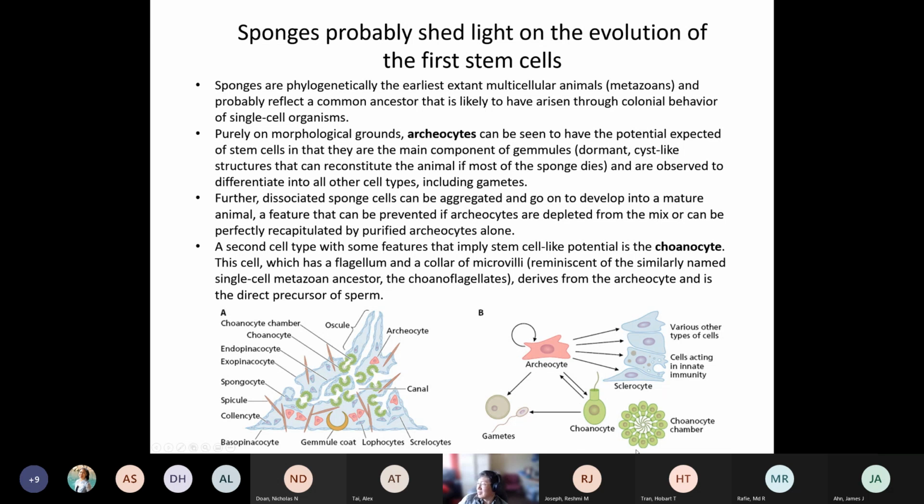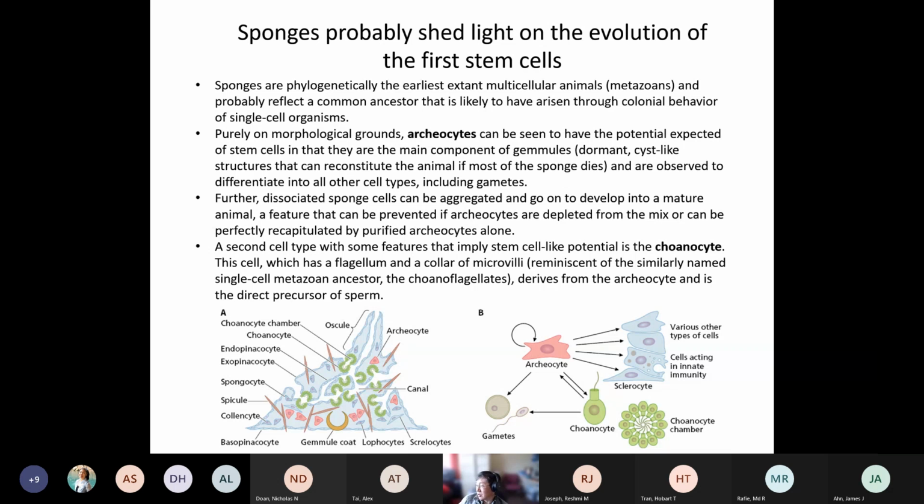So these two sides are the stem cells. How do you know that they're the stem cells? Basically, if you remove the archeocyte, then the regeneration will not occur. If you cut that sponge, and at the same time somehow you remove the archeocyte, then the regeneration will not occur any longer.